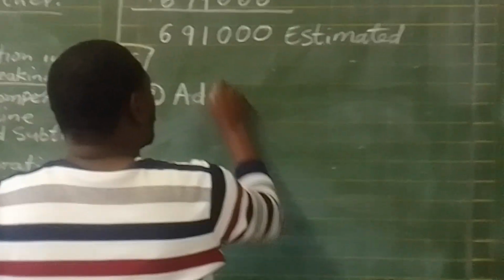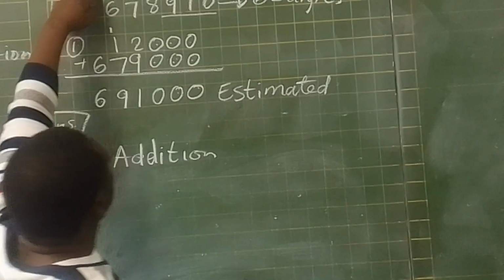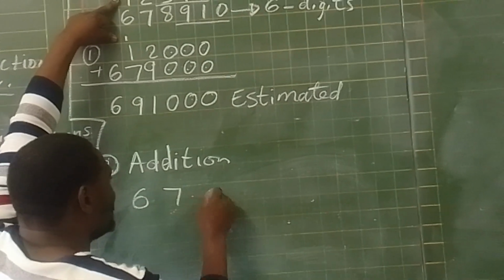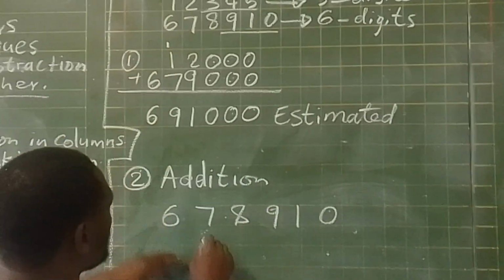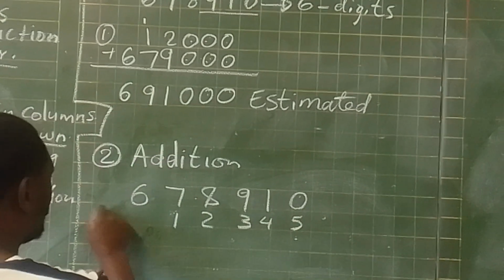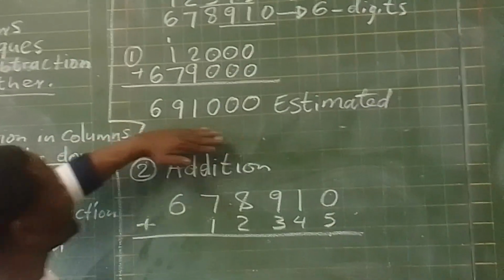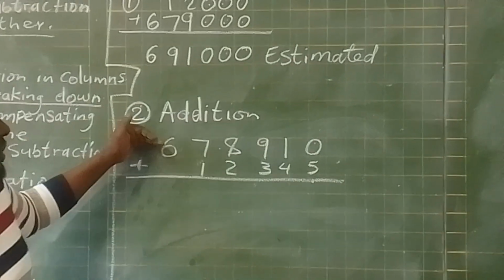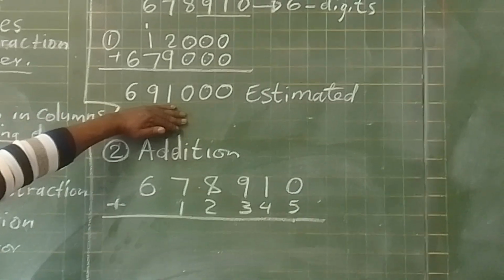Addition is we add this number that we have been given, 6, 7, 8, 9, 10, to 1, 2, 3, 4, 5. Remember, grade 6, this estimation tells you that the number you are going to get from the given 6 digits and 5 digits must be around this number.